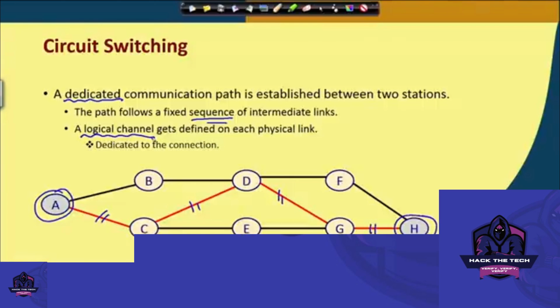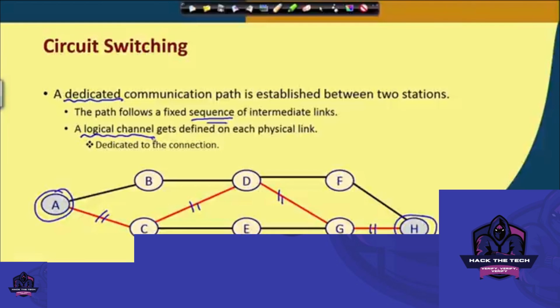Logical channel is something which guarantees you some dedicated bandwidth. Suppose you want a dedicated bandwidth of 64 kilobits per second, let us take an example. So, all these communication channels that you are establishing will be guaranteeing a minimum bandwidth of 64 kbps. That is how this works.